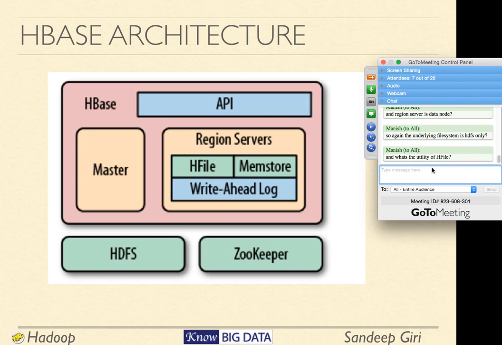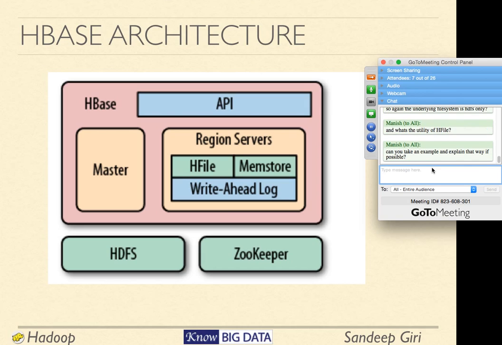Some part of the data the region server tries to cache, and that is called memstore. And as and when the data arrives, region servers write it into something called write ahead log and then push it to HDFS.